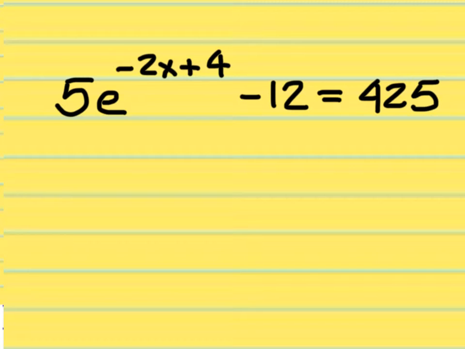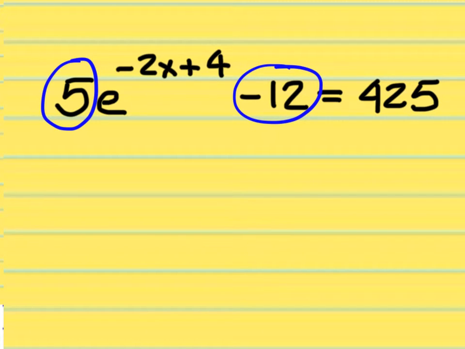On the practice, we have a base of e in there up against the 5. So we're going to have to use a log natural. But before we can do that, we must get rid of this and this. We can do all of this in one big swoop.